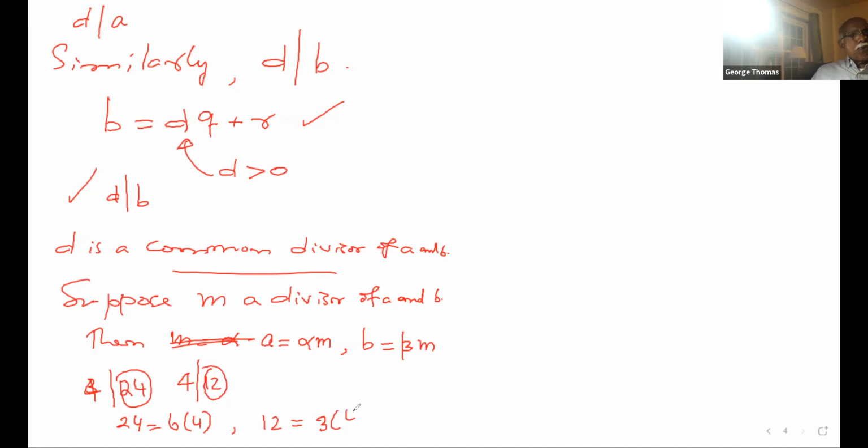I say this is like alpha M, this is like beta M. Get it? 4 divides 12 means 12 is 4 times some beta. It turns out to be 3. Do you now agree with what I mean?